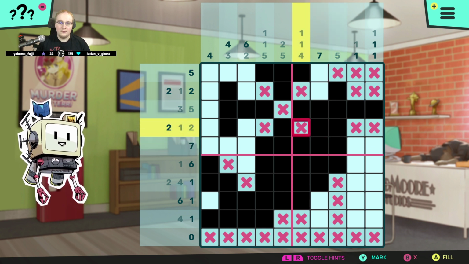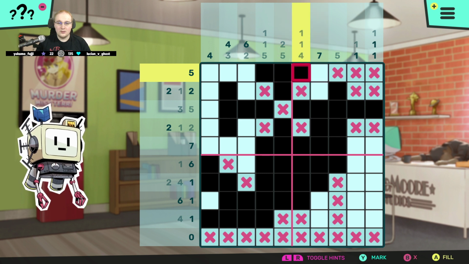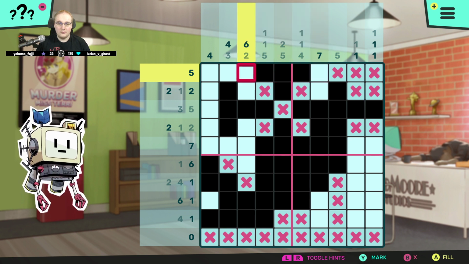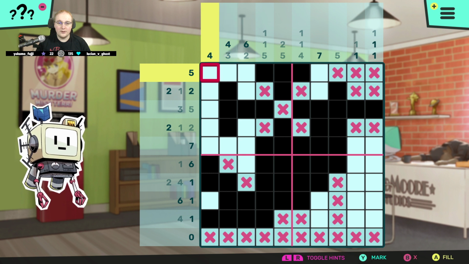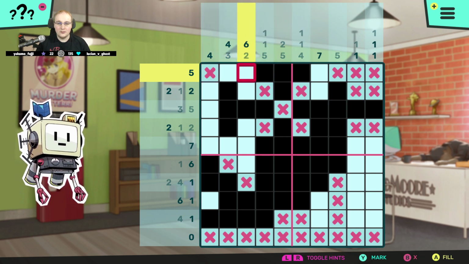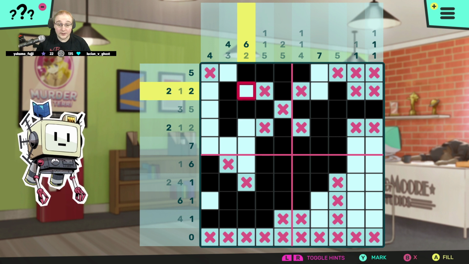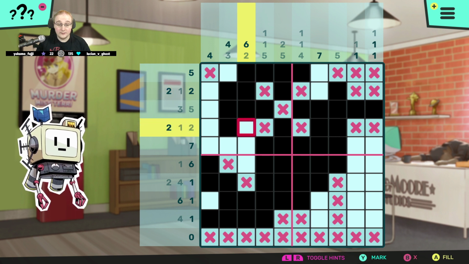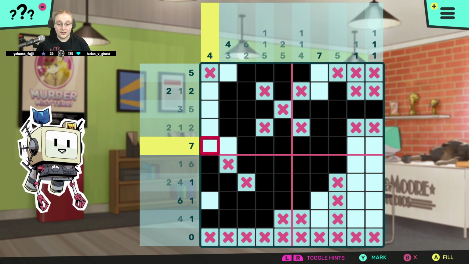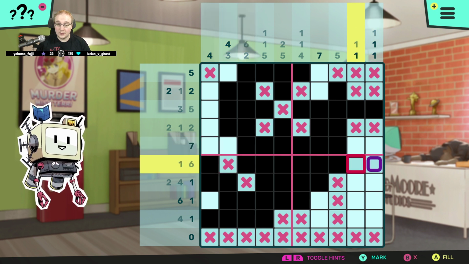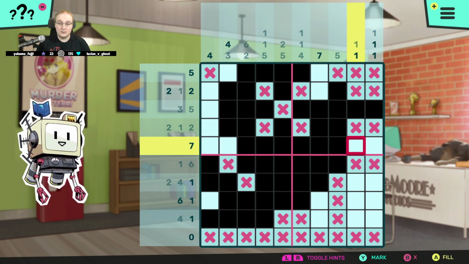That's off. That's off. That can be either side. But that's got to be a 6 now. Would you look at that? Which blocks those two out.